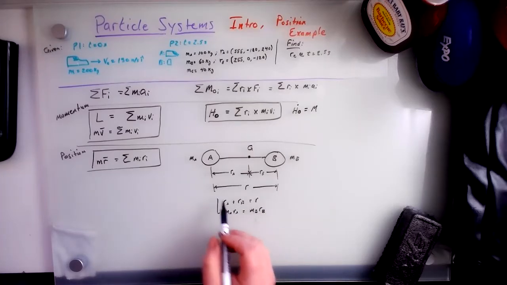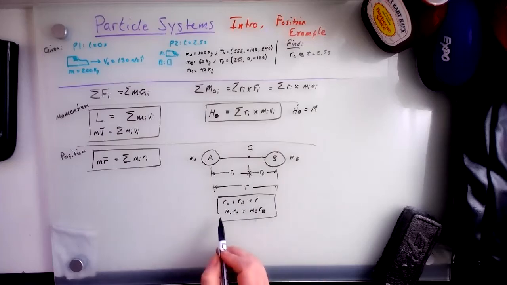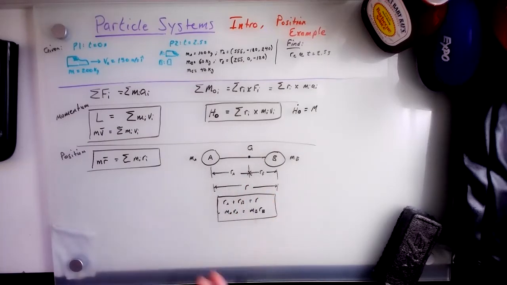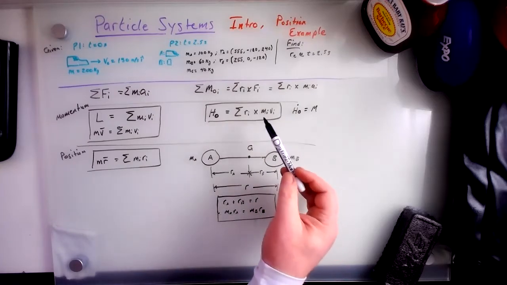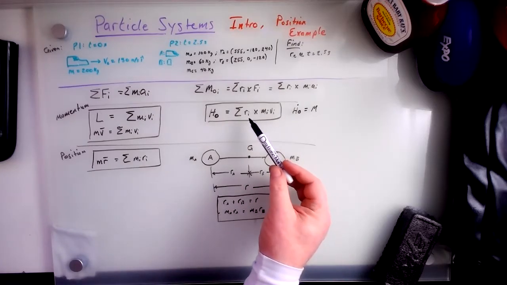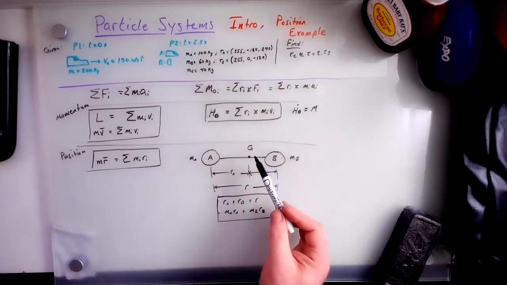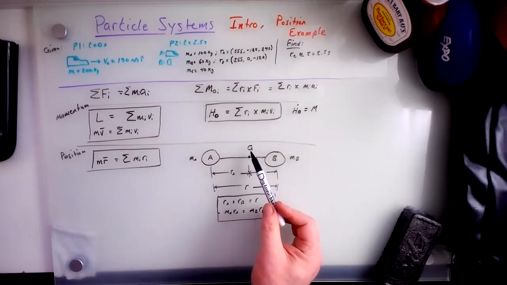And we will want to remember these because often we're given that there is some point G about which we need to consider the moment calculations, right? So these r's are these r's, right? So in order to use this at all, we need to know where the center of gravity is.